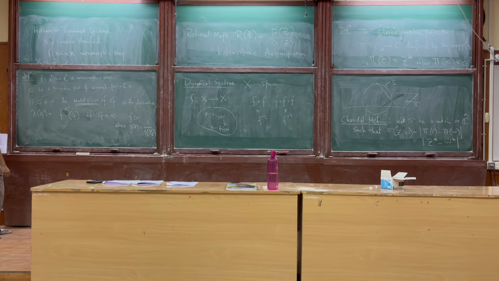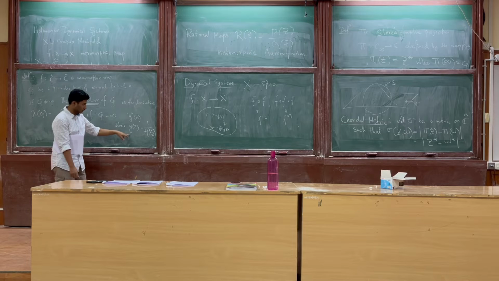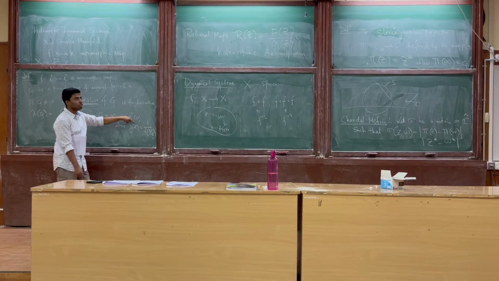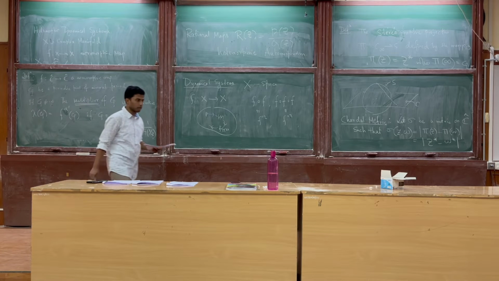What is the multiplier? f is a meromorphic map from C hat to C hat. Now zeta is a periodic point with minimal period k. Whenever zeta is not equal to infinity, we define lambda, the multiplier of zeta, to be the derivative of the k-th iterate of f computed at zeta. Whenever zeta is equal to infinity, we define a function g(z) equal to 1 over f(1/z), and we compute g prime at 0. So these are the multipliers.